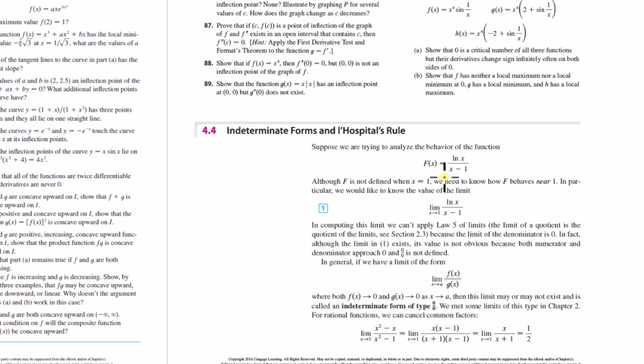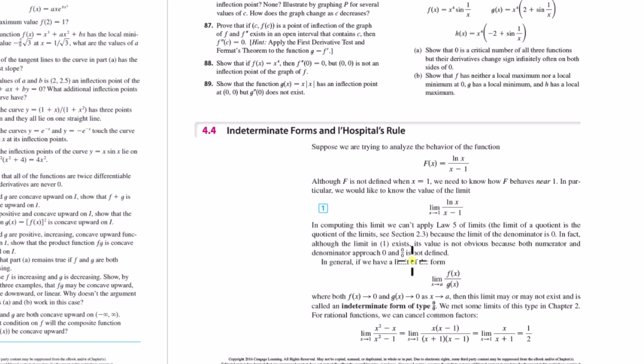The only time you call that a vertical asymptote is when the numerator is approaching something that's not 0. If it was approaching infinity, that would be potentially indeterminate, but it's approaching some finite value that's not 0. So you're getting like 5 divided by 0. That's going to infinity.